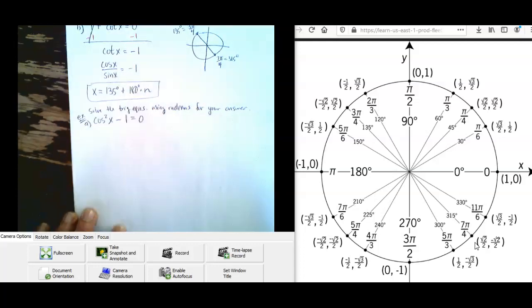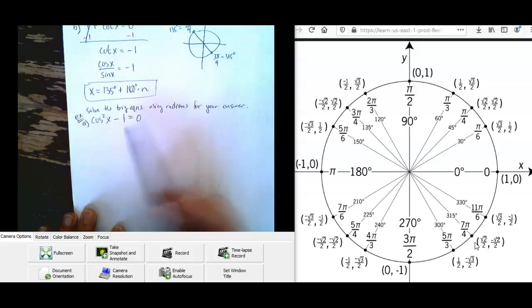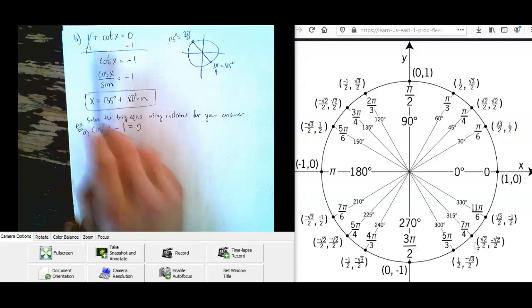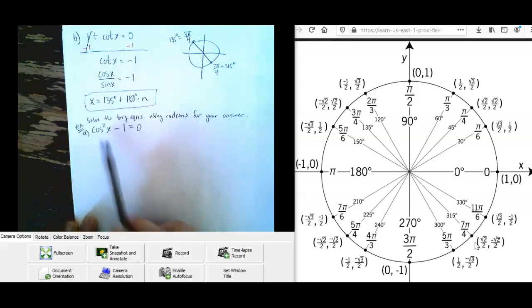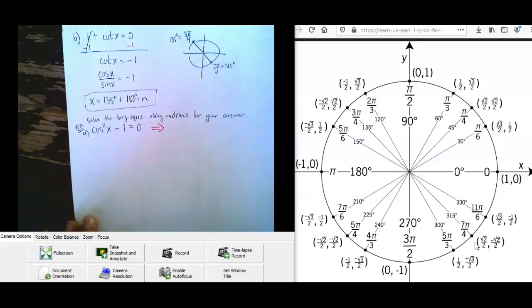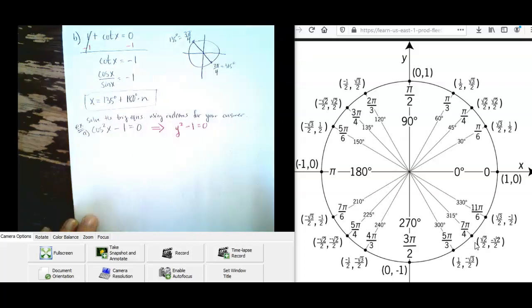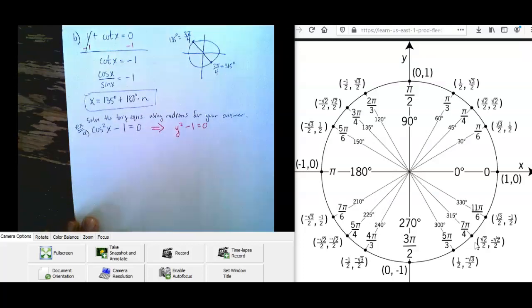So here's a cos squared minus 1. Remember that with quadratic type equations, we can't do a solving process like this per se. What we would need to do is factor. It looks like the basic quadratic y squared minus 1 equals 0, let's say, where y is just equal to the cosine of x, right?